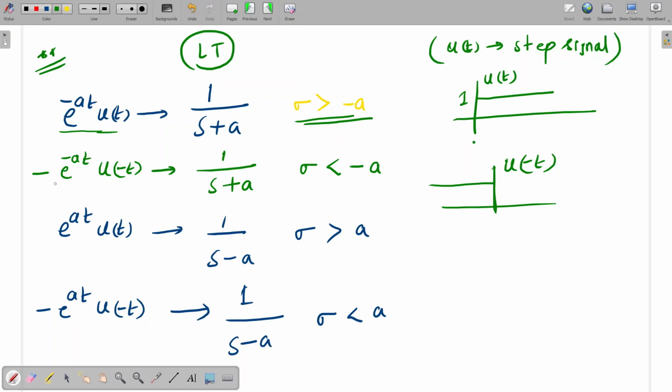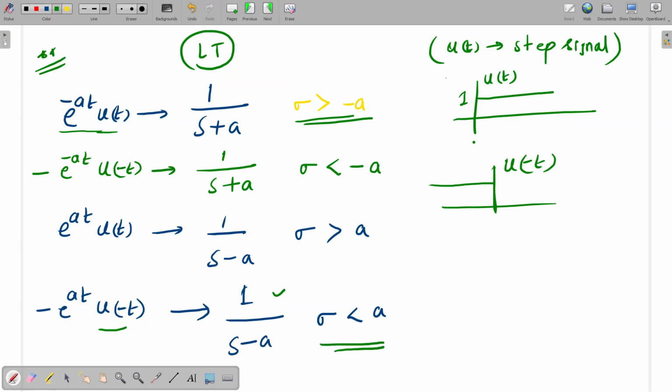Similarly, for minus e to the power minus at u of minus t, the Laplace transform will be 1 by s plus a, and in this case sigma will be less than minus a. Further, e to the power at ut will be 1 upon s minus a, with sigma greater than a, and e to the power at u of minus t will be minus 1 divided by s minus a, with sigma less than a.